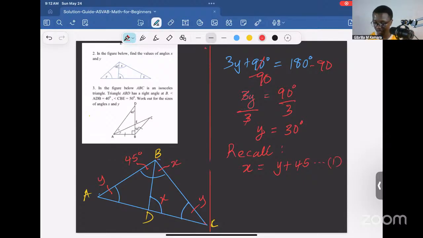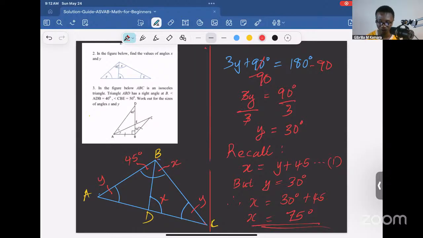We can easily get x. But y is 30 degrees. So therefore, your x is 30 plus 45. So my x is 75 degrees. So x becomes 75 degrees. Okay? Easy, easy.